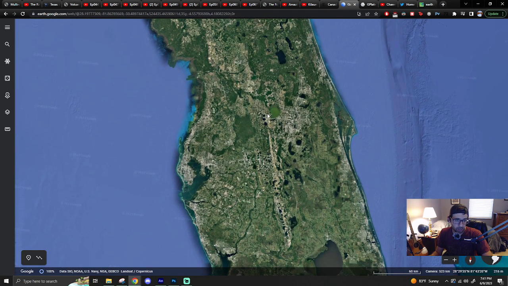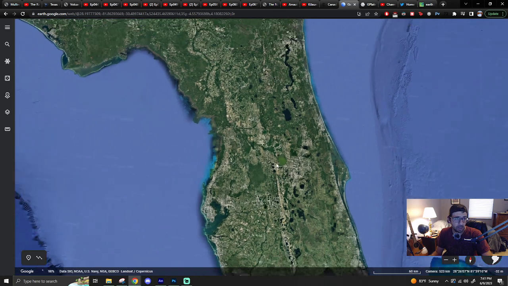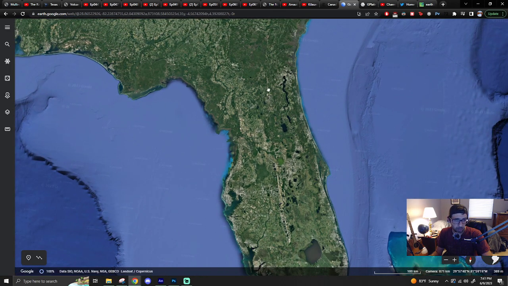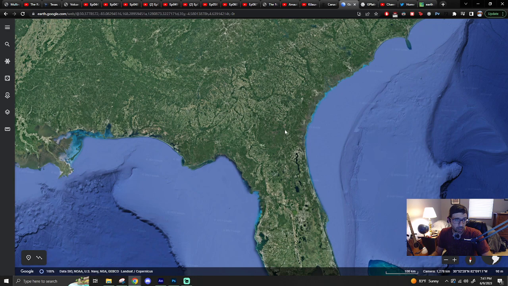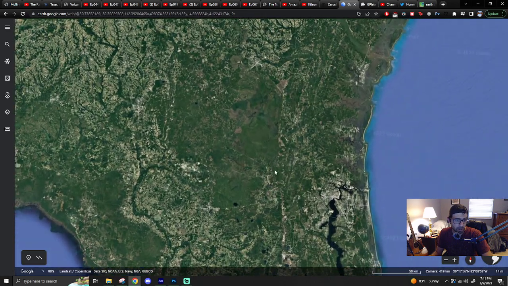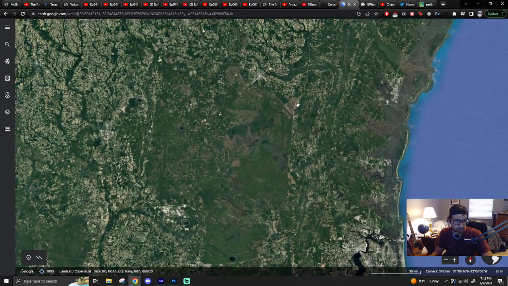That is so very anomalous how straight it is. And then possibly up there. Possibly then going this way.